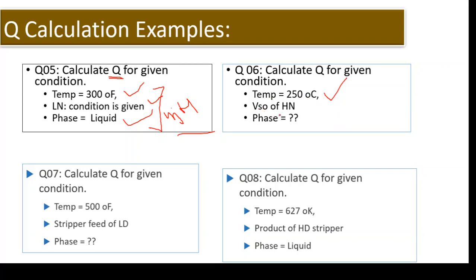For the VSO of heavy naphtha, meaning in the stripper where the vapor strip out is recovered, you have to find the API of that one, and guess whether it is liquid phase or vapor phase, and then again repeat the same task. After finding the H value, and you know the M value, just multiply these two values.